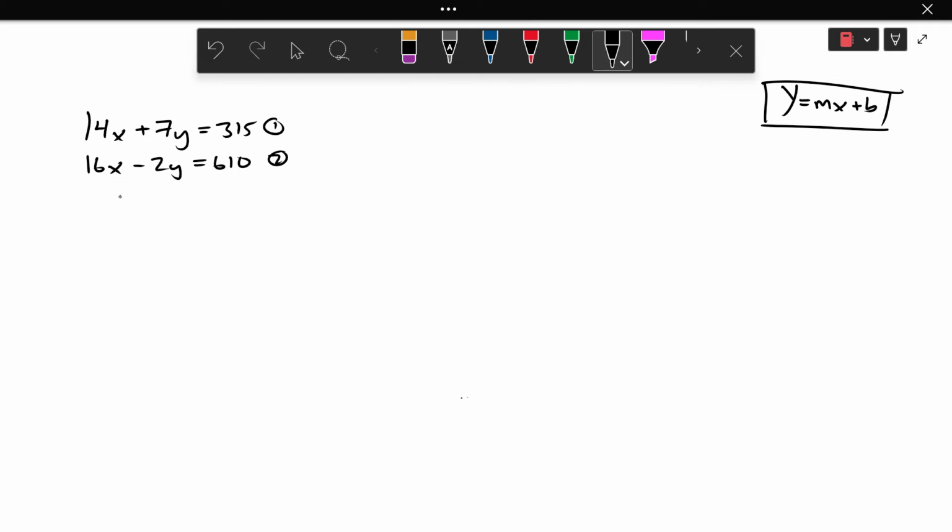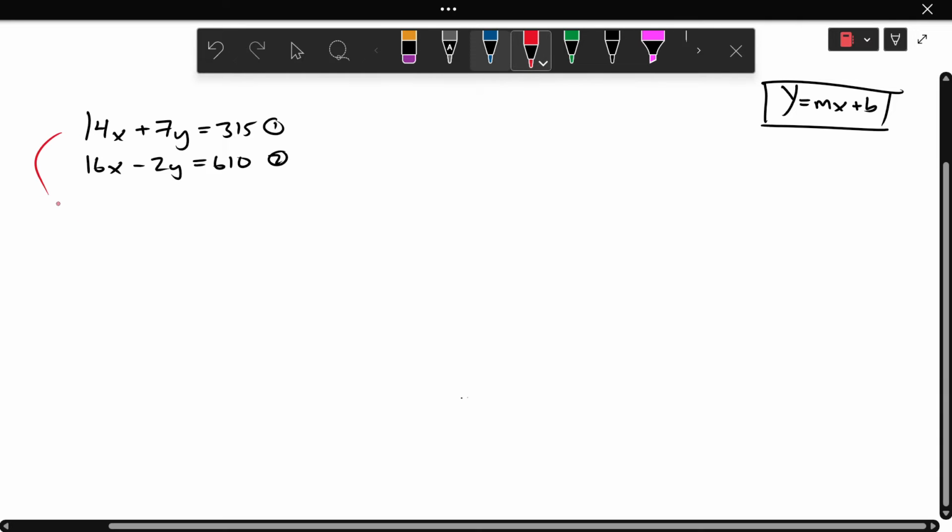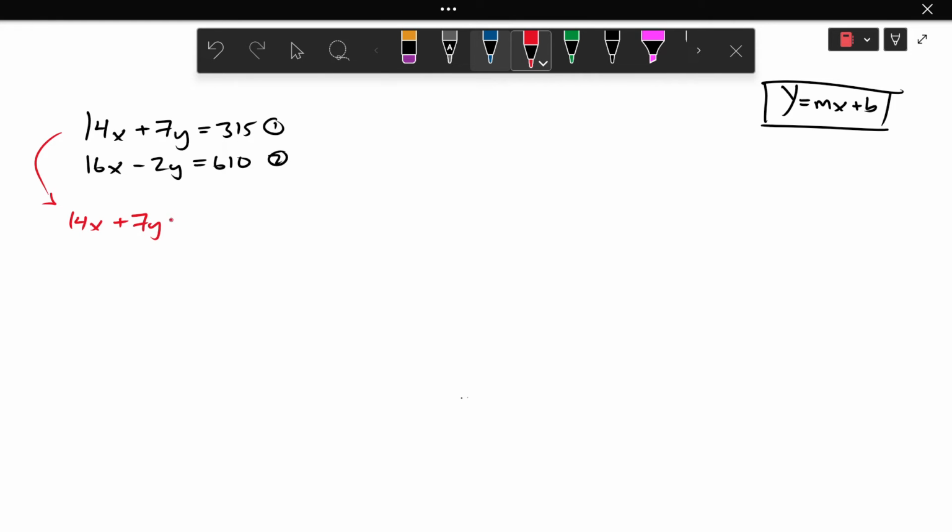And again, if I put both equations in y equals mx plus b form, I'll be able to determine the slope. So the first equation we're going to do right here, 14x plus 7y equals 315. I'm going to move this to this side, leaving the 7y on the left, and the 14x becomes negative 14x plus 315 because that didn't change.